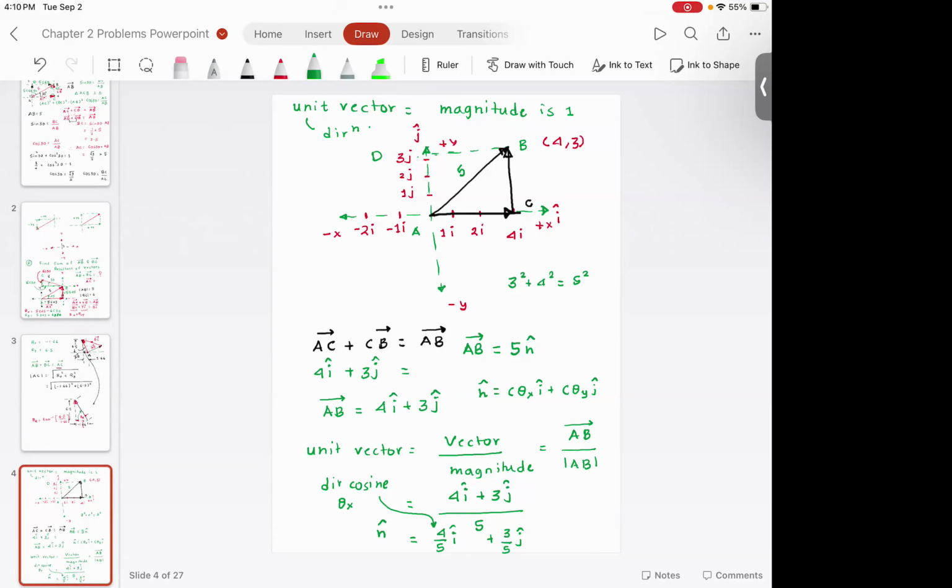I said direction cosine, right? Unit vector n hat is equal to 4 by 5 i plus 3 by 5 j. That does not solve my fundamental question. I want to go from point A to point B. Tell me how much I should orient. I give you 4 by 5, 3 by 5.